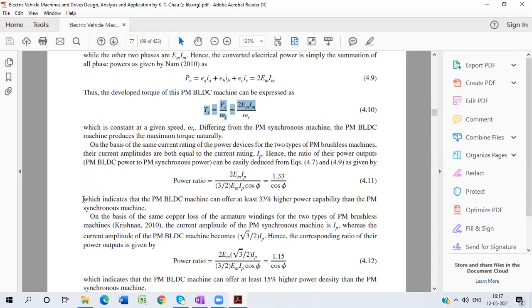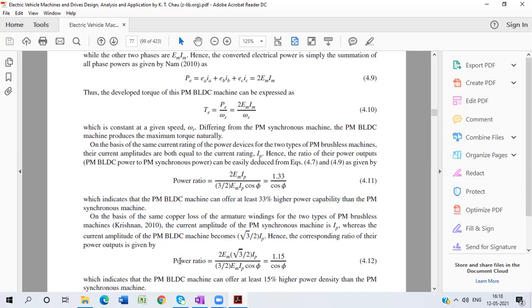This is a very important point: the PMBLDC machine can offer at least 33% higher power capability than the PM synchronous machine. You have to remember how much higher power capability you can achieve using a PMDC motor.